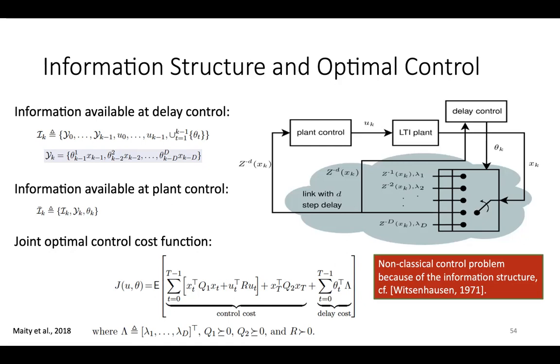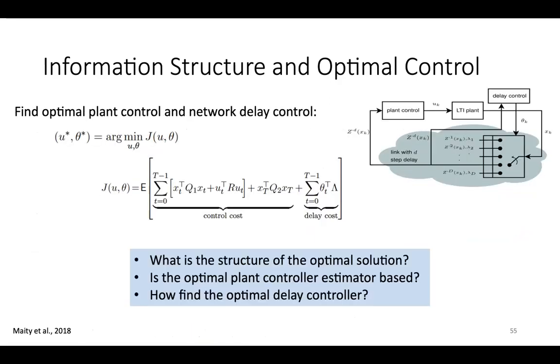This type of problem, with a so-called non-classical information structure, was studied in the 60s and 70s. For instance, Witsenhausen at MIT did some seminal work in this domain, of course not motivated by networked control systems but by other types of problems.